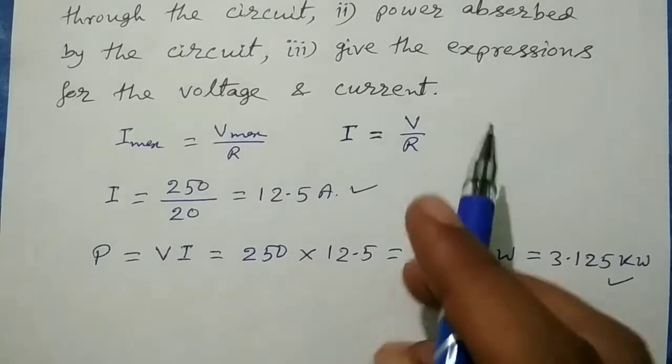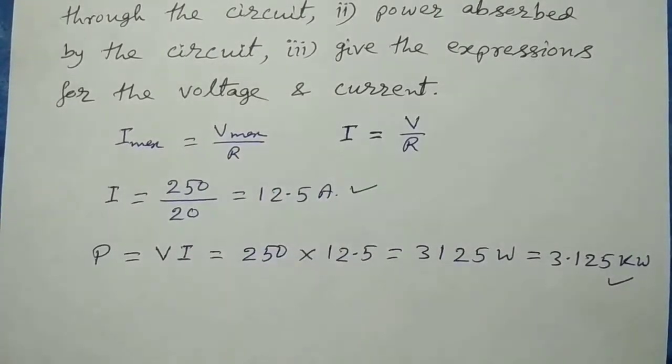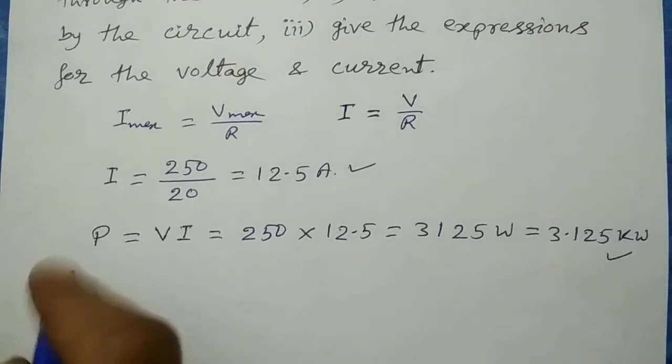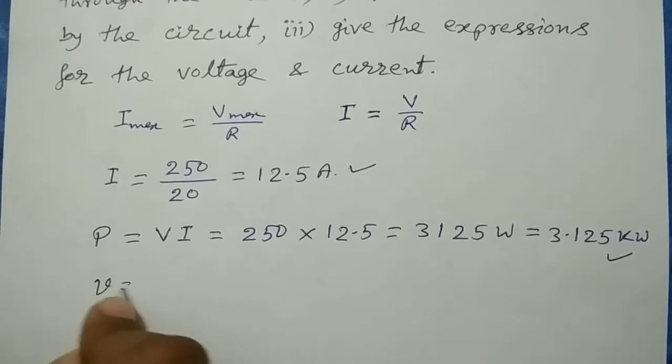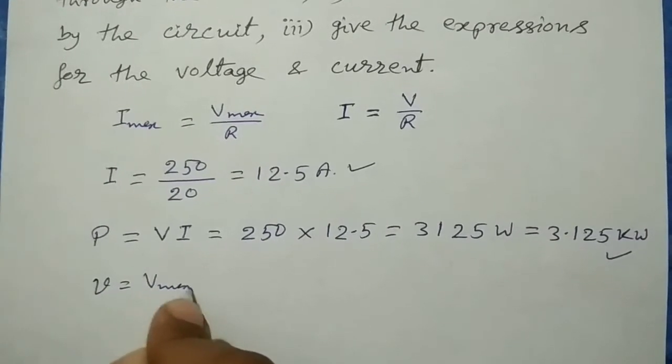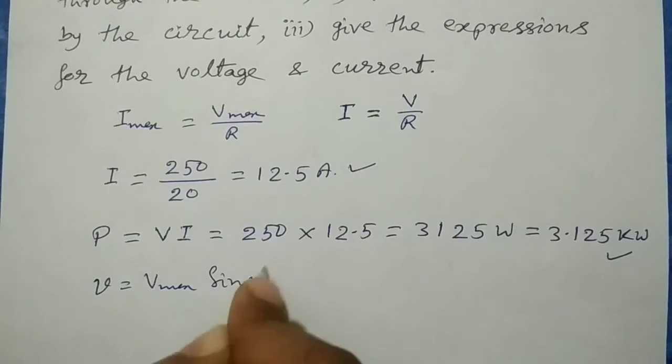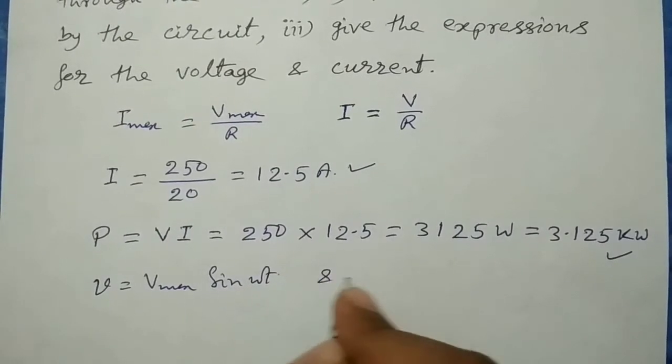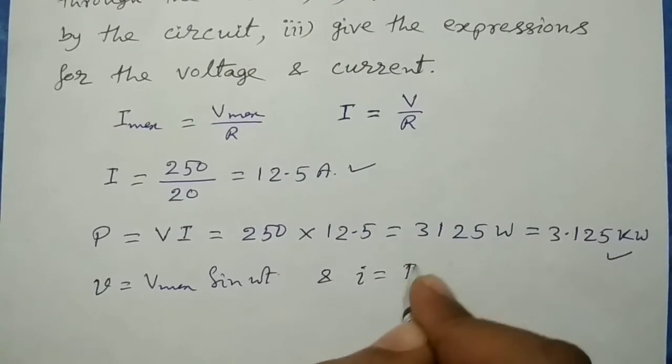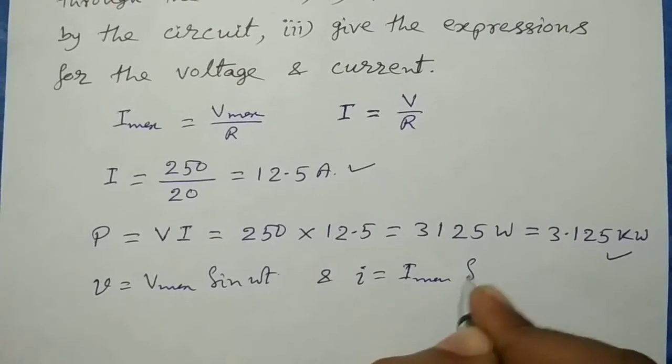The third part is give the expression for the voltage and current. We know that the expression of the voltage is Vmax sin omega t, and the current expression is Imax sin omega t.